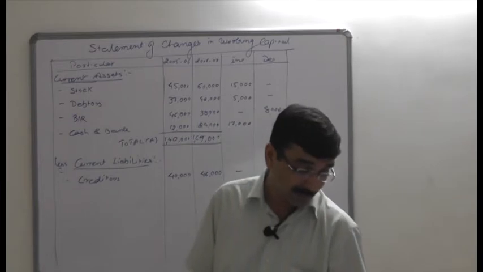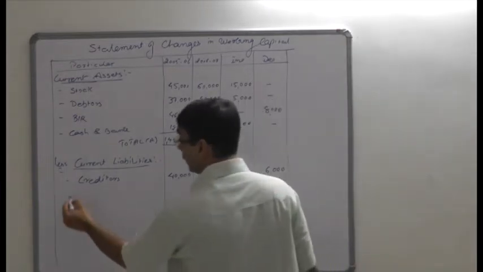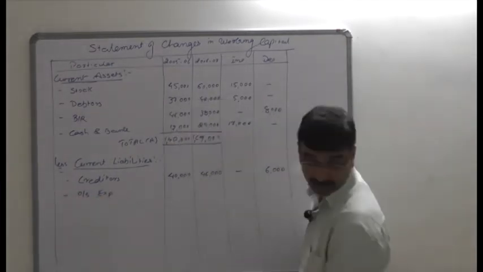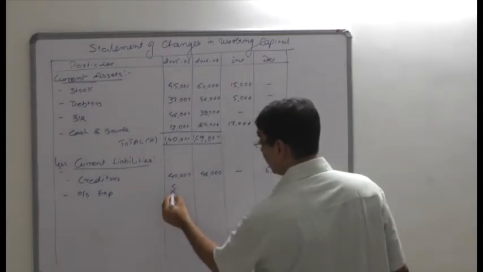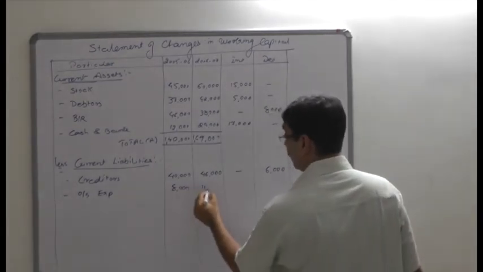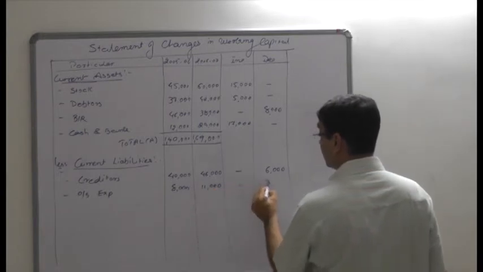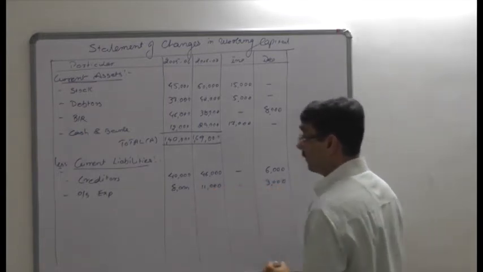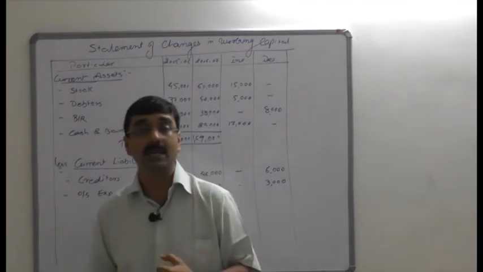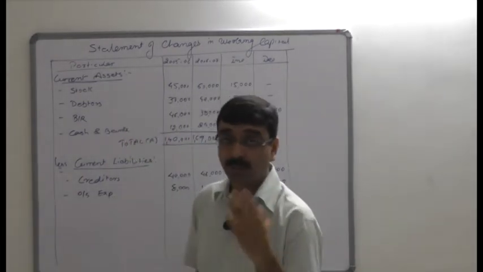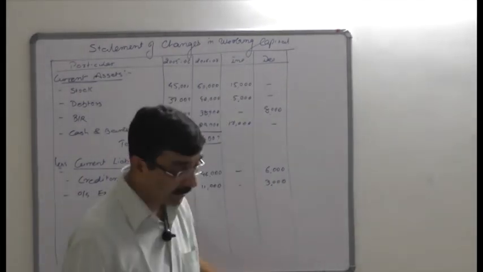Next is outstanding expense, 8,000 and 11,000 rupees. Yes, this also shows a 3,000 rupees difference, and the current year current liability is higher than the last year. So it means it is a decrease in working capital.